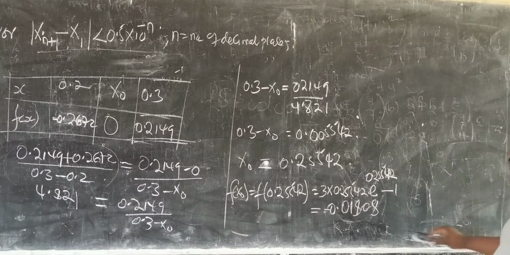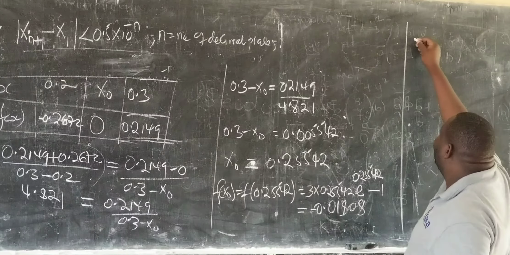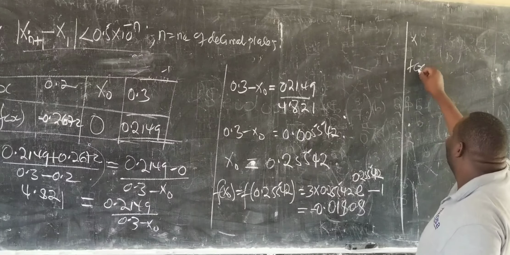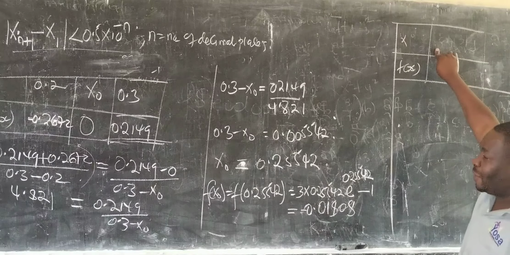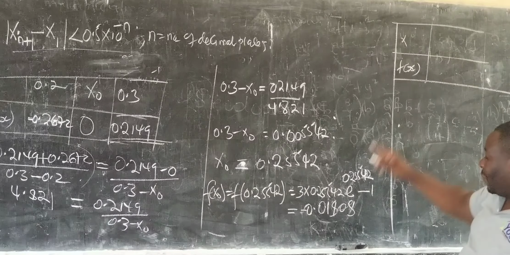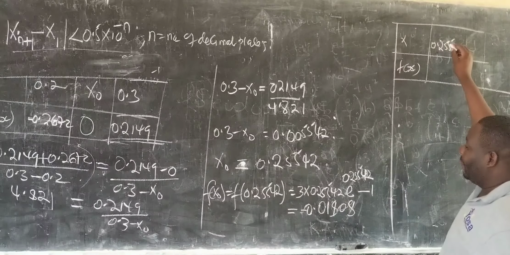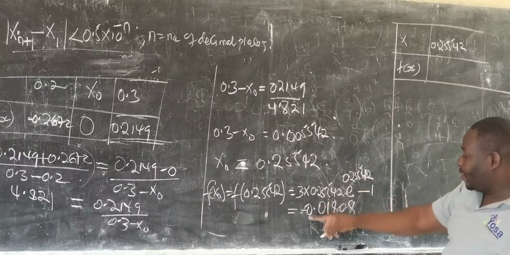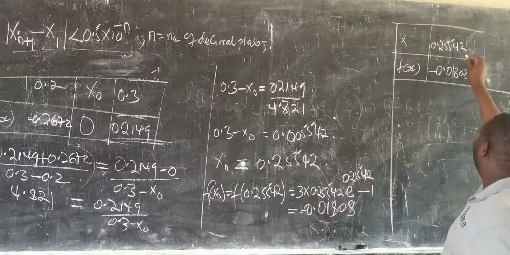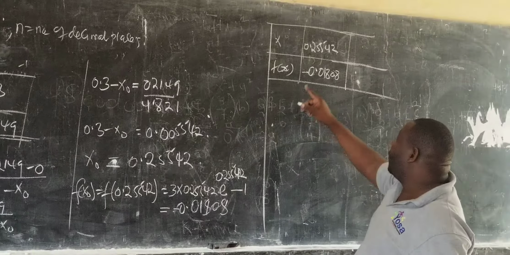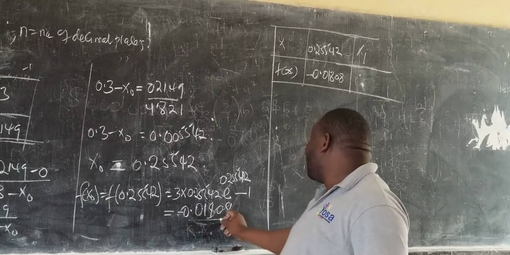So you do the same thing. You start with the values of x and f of x. We draw our table, and here we have the values of x. We start with x naught, which is 0.25542, and the corresponding value is negative 0.01808. So now if we substitute f of x naught here, this is what we obtained.